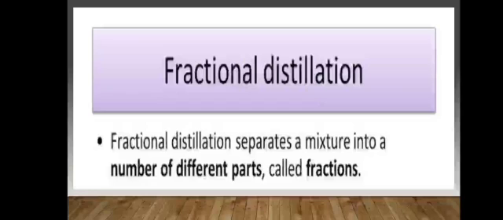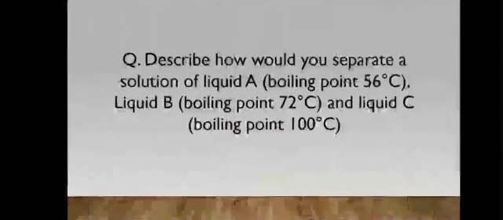Okay, there is one question of Test Yourself which is on page number 169 of your textbook. Question number 4, which is saying: describe how you would use fractional distillation to separate a solution of liquid A, boiling point 56 degrees Celsius, liquid B, boiling point 72 degrees Celsius, and liquid C, boiling point 100 degrees Celsius.